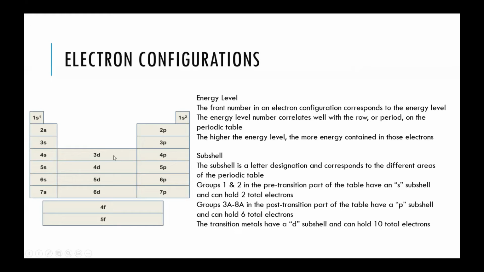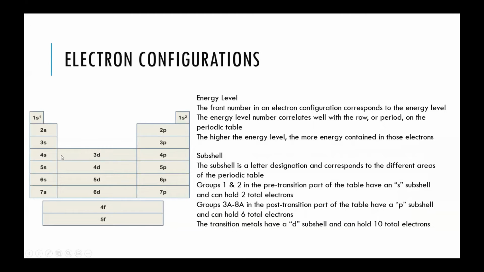Even though this is how it's lined up on the periodic table, these transition metals have a lower energy level than these 4s electrons. While these 4s electrons have a higher total energy, it's easier for electrons to fill in the s subshell first before they start filling in the d subshell.